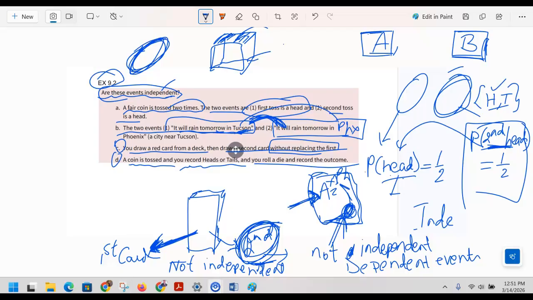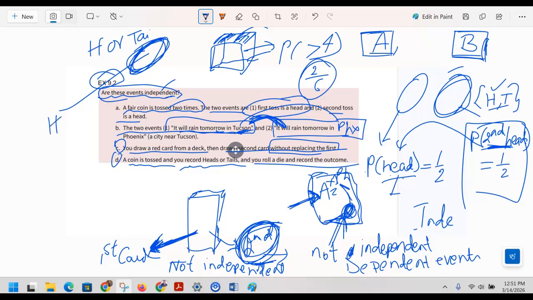Whether it is head or tail, it does not affect the probability of the second one. Let's see the probability of the number showing greater than 4. You can say it is 5 and 6, so it is 2 out of 6. So this number has nothing to do with whether it is head or tail.